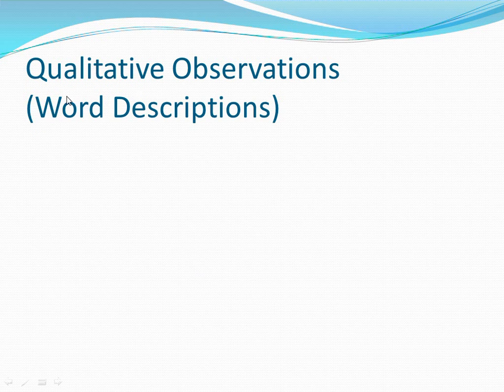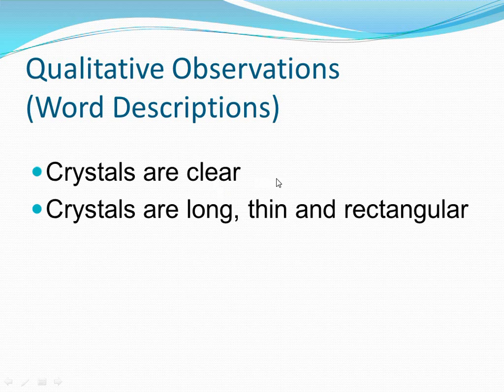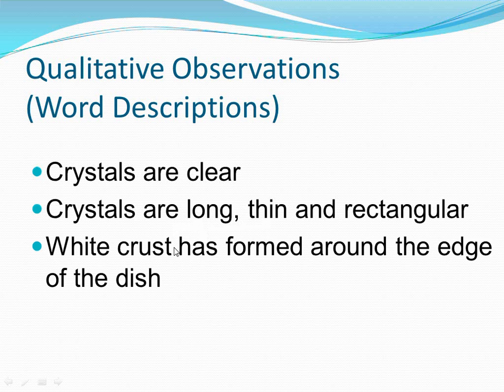First, let's do some qualitative, that is, word description observations. Crystals are clear. We're using our sense of color. We are saying these are clear. Crystals are long, thin, and rectangular. Again, long and thin are descriptive words. And then we could say a white crust is formed around the edge of the dish. Again, these are all qualities of the experiment.